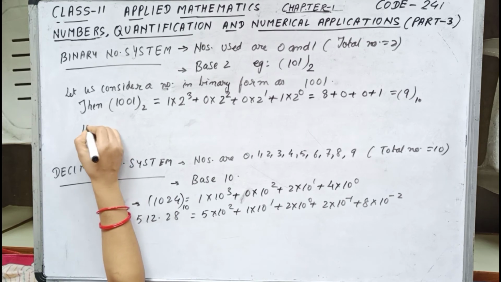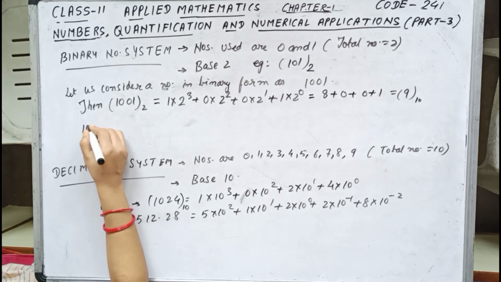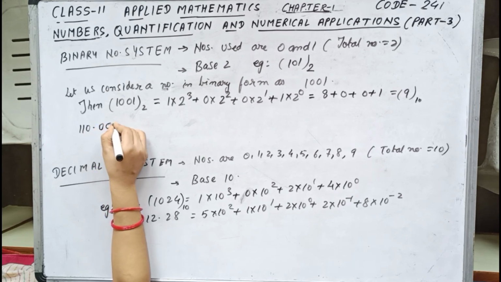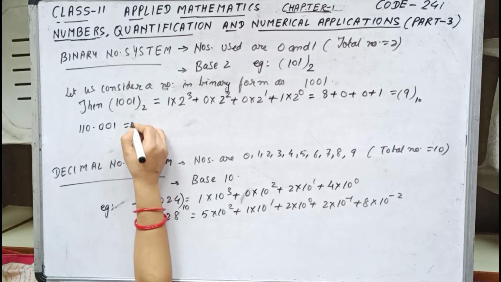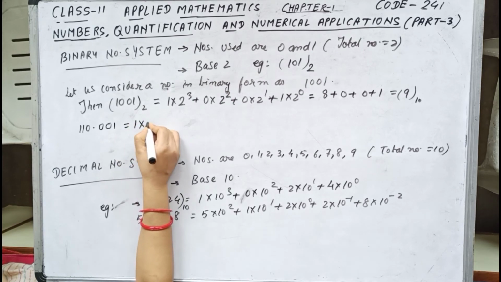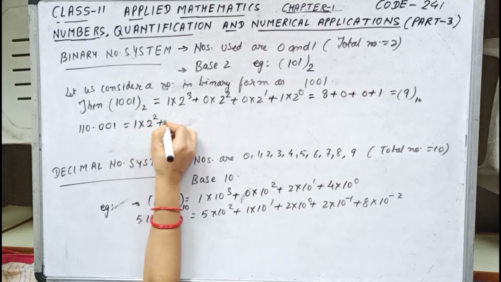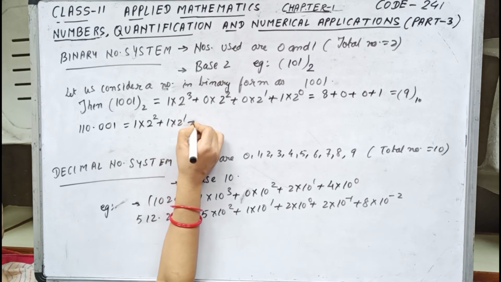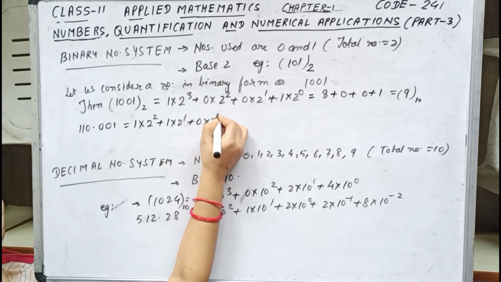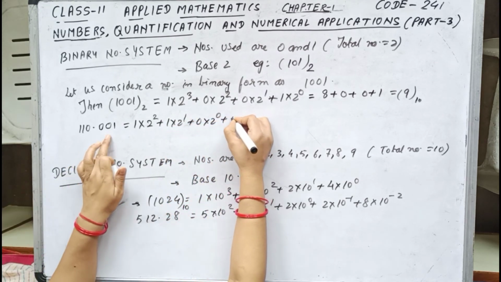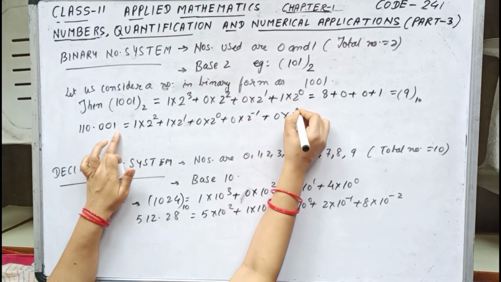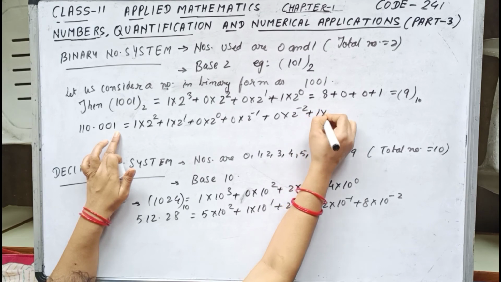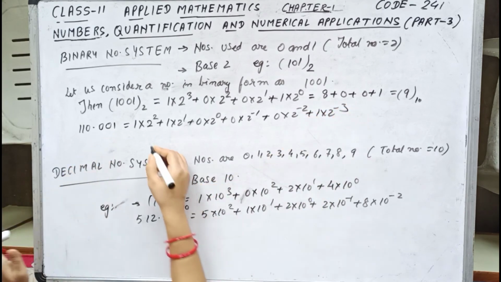Let us convert a number to decimal form. Suppose it is 110.001. So this I can write as 1 into 2 power 2 plus 1 into 2 power 1 plus 0 into 2 power 0 plus 0 into 2 power minus 1 plus 0 into 2 power minus 2 plus 1 into 2 power minus 3.